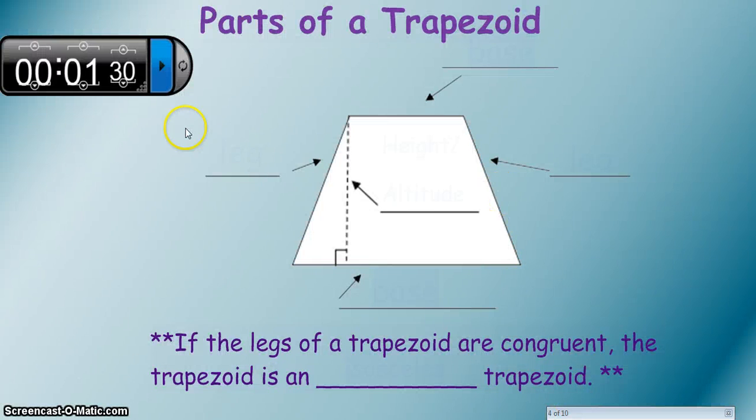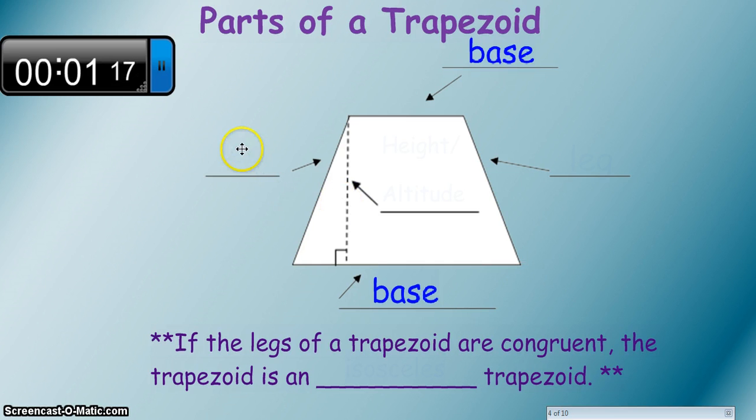Moving on to that next section, parts of a trapezoid. Please note we have the base or the top. We have the base or the bottom. And just like isosceles triangles, we have a leg and a leg.